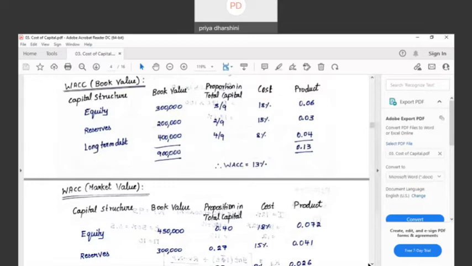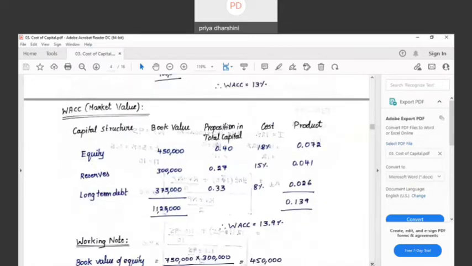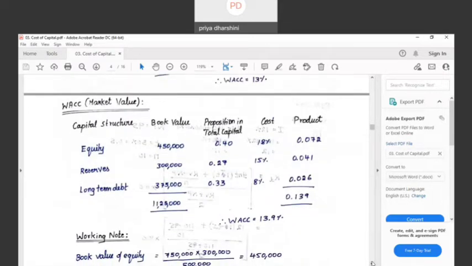If I have to find it on market value basis, how much is the market value told? For capital, it is given as 7,50,000. Here, the reserves, it is not nil. I have to find the share of reserves in terms of market value. What will happen to reserves? The reserves are the entitlement of equity shareholders only.